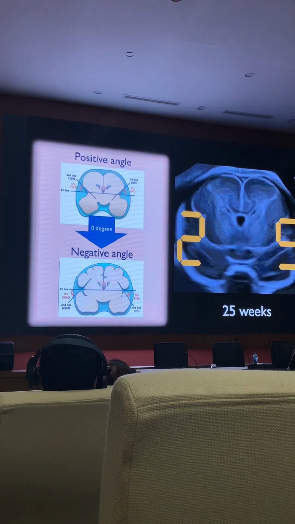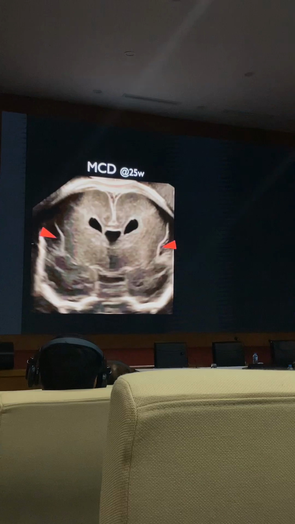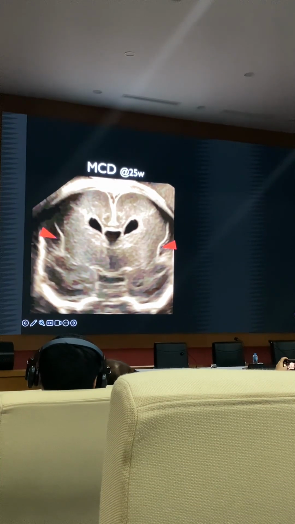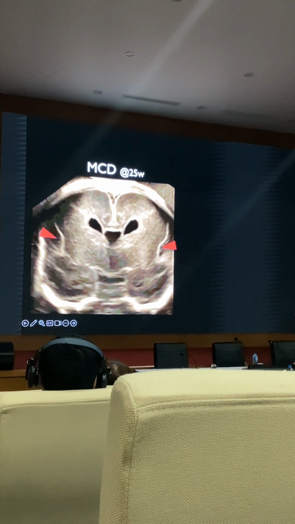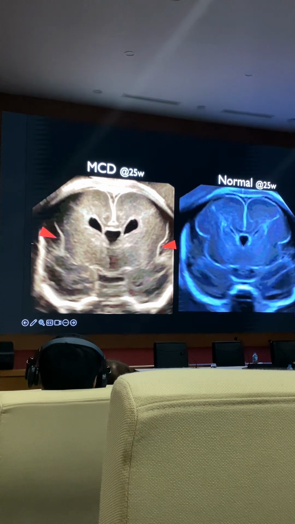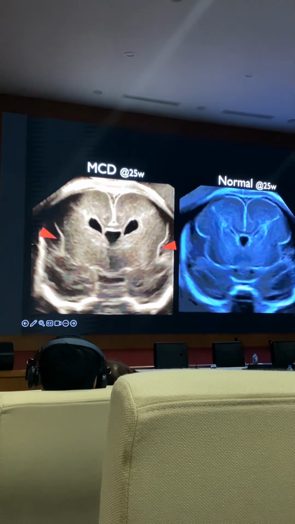So, if you don't measure the Sylvian fissure angle, you can see that this is a 25 weeks of gestation. Here you can see this is not the rectangular, and this is the normal rectangular. So, you can say that, oh, this is abnormal, the delayed development or premature Sylvian fissure.